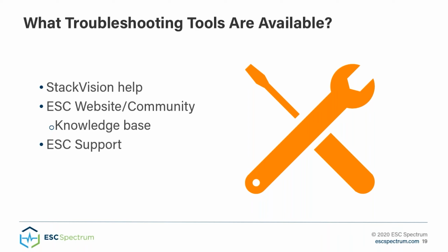The ESC website and community contains a knowledge base that you can search, with articles that give you steps for troubleshooting or fixing any issues you might have. You need a login for the website and community. If you do not have one, or you're not sure if you have one, please contact me at the end, or contact support, and we can look at your account or get you set up with one.